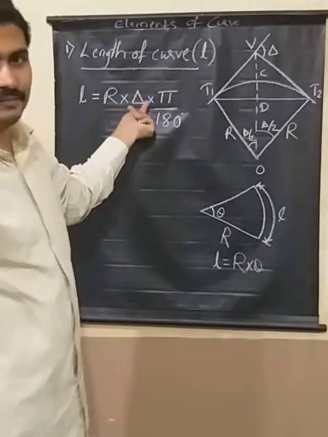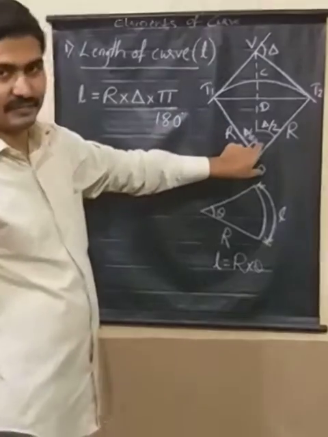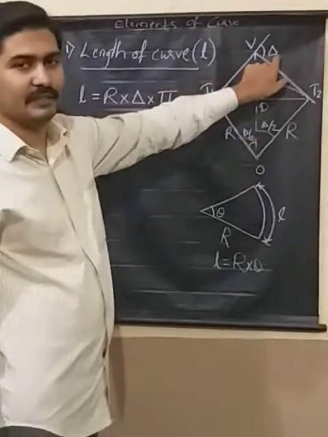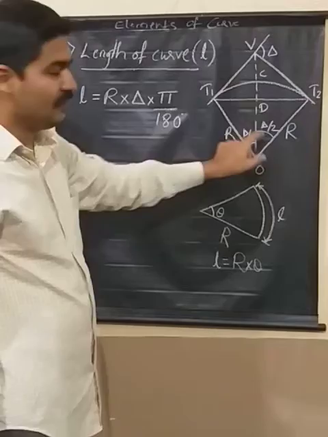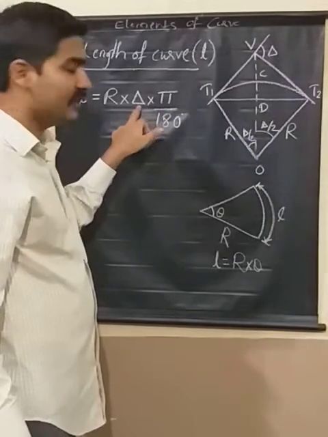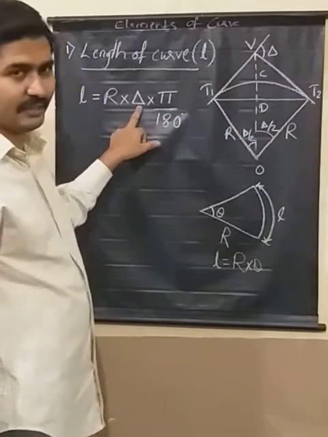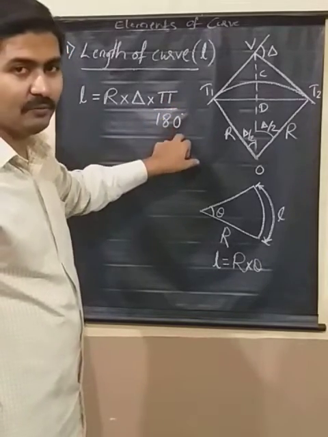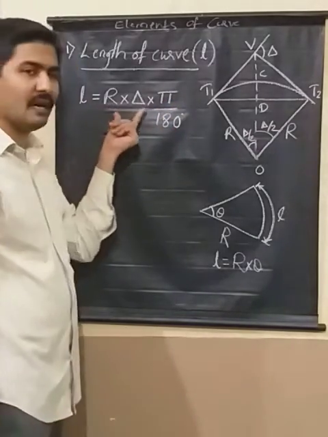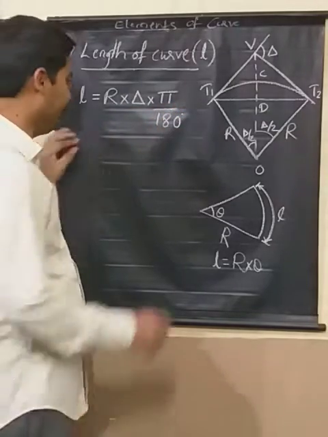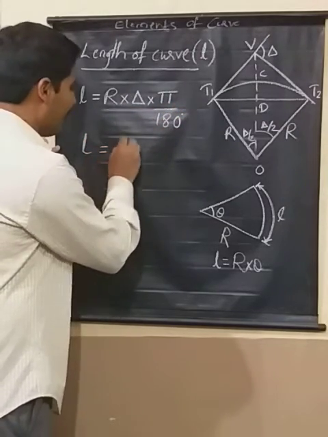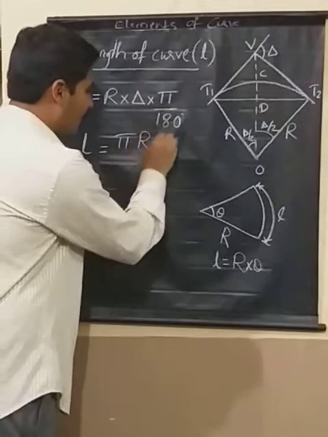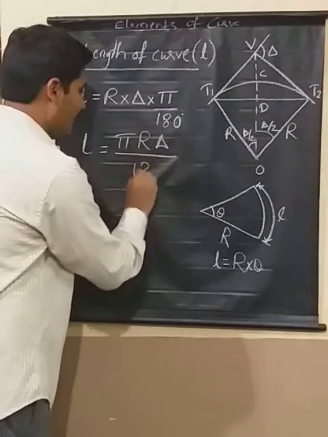Since delta is in degrees, I convert it into radians by multiplying by pi by 180. So this becomes r delta pi by 180, and I can write this as pi r delta by 180.